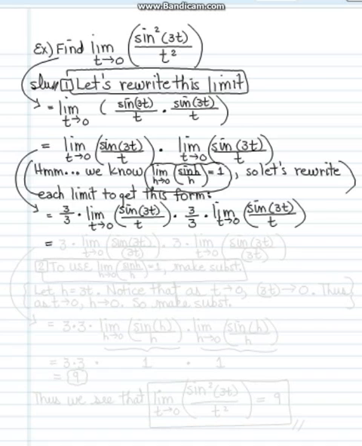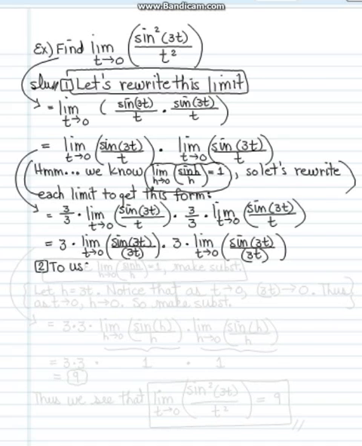That's legitimate because constant numbers can move inside and outside of limits without any problem. Now, look what we have. We've got the limit of sine 3t over 3t in both of those cases.